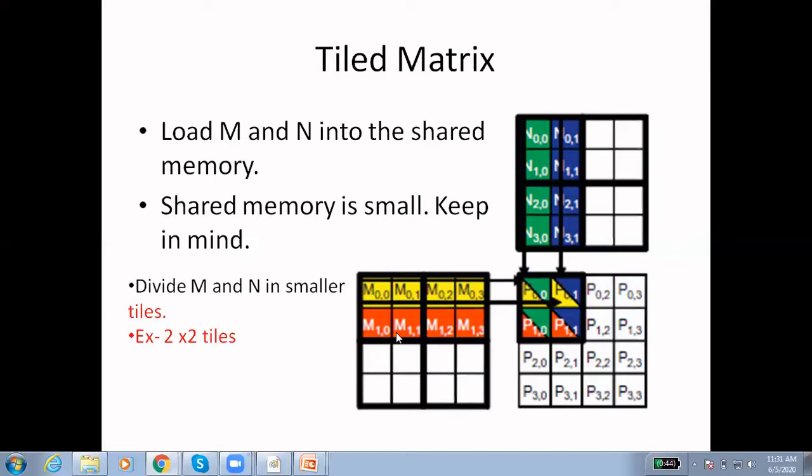This will be the first access, and in the next access we can access this part of the tile. In that case, you will not be able to complete the process of the whole thread until both the data tiles are loaded.